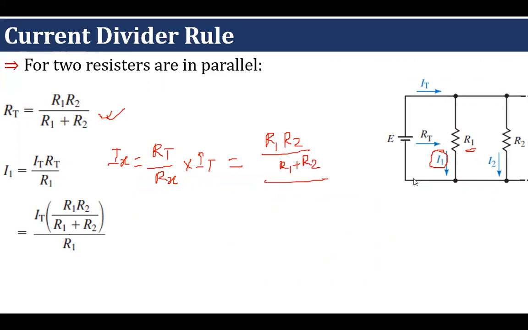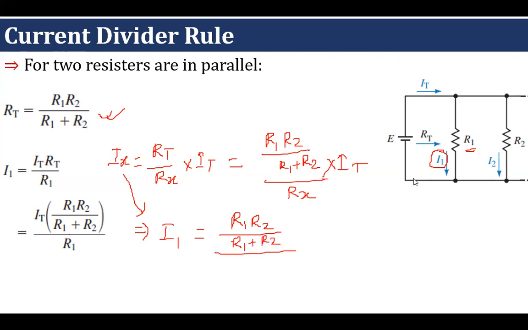Since we are calculating the I1 value, in place of Ix we put I1, so x equals 1. Easily we can write R1 into R2 upon R1 plus R2 upon R1 multiplied with IT. R1 will cancel out, and we remain with R2 upon R1 plus R2 multiplied with IT.